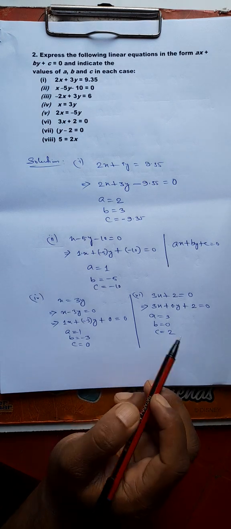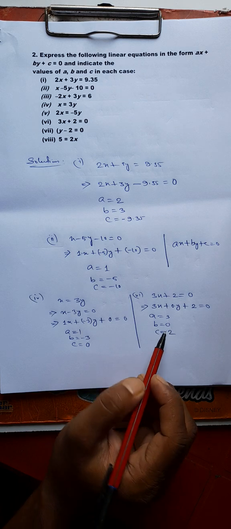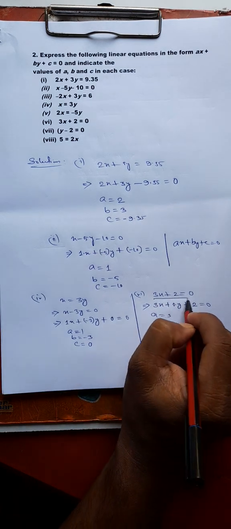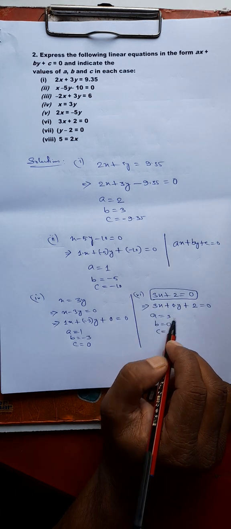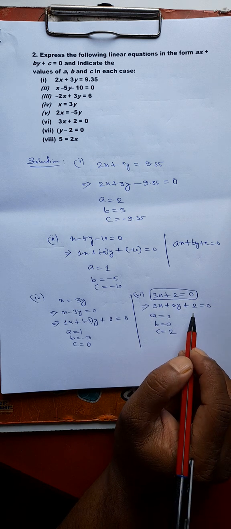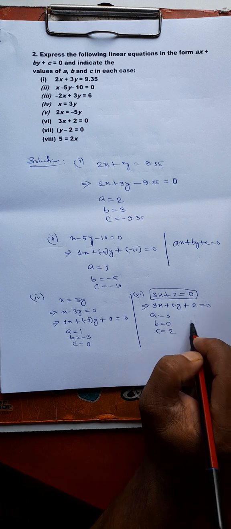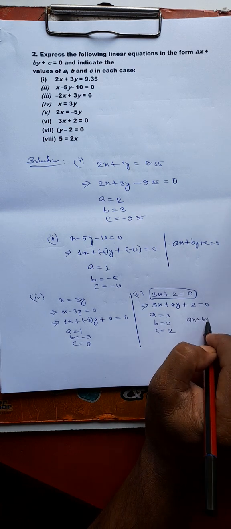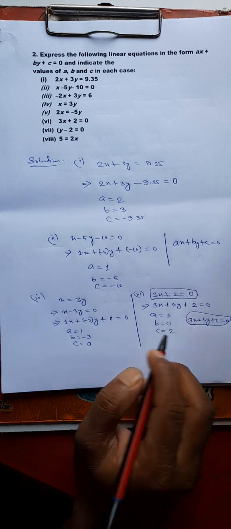But in definition of linear equation in two variables, a and b are not equal to 0. So this is not actually a linear equation in two variables. Still we are writing in this style ax plus by plus c equal to 0, just comparing with this format.